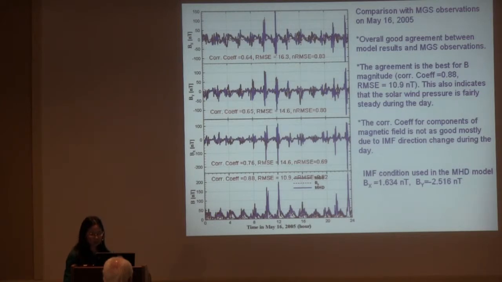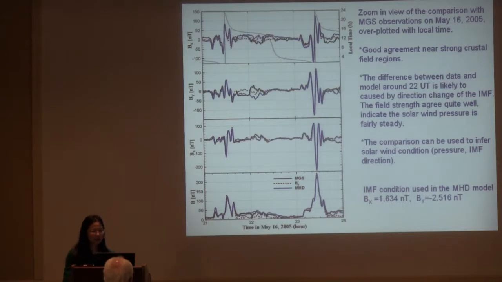This indicates that the model is doing quite well, and also that the solar wind pressure is fairly steady during the day. The correlation for the components is not as good, mostly due to the IMF direction change during the day. And this is a zoom-in view of the comparison.